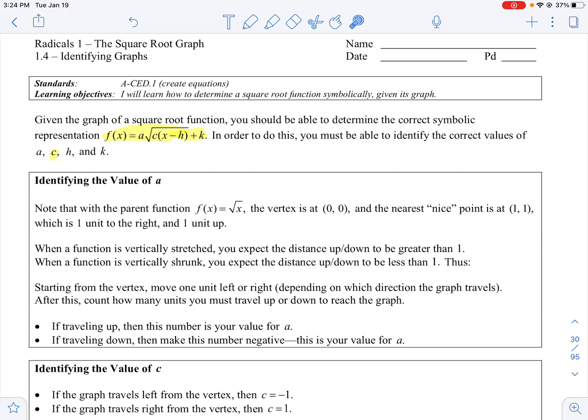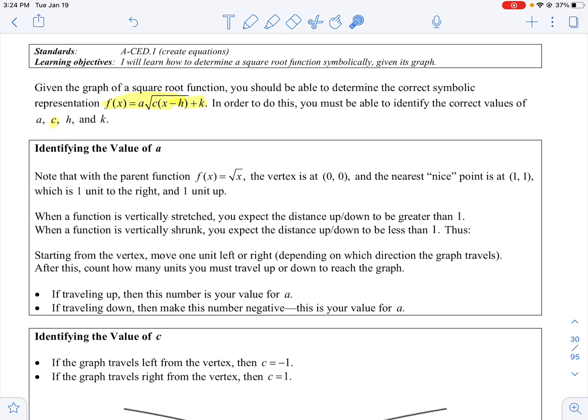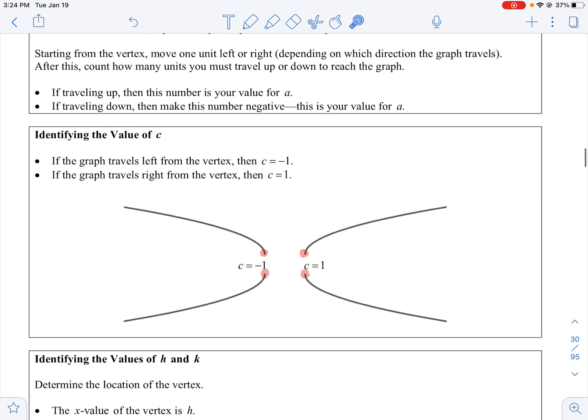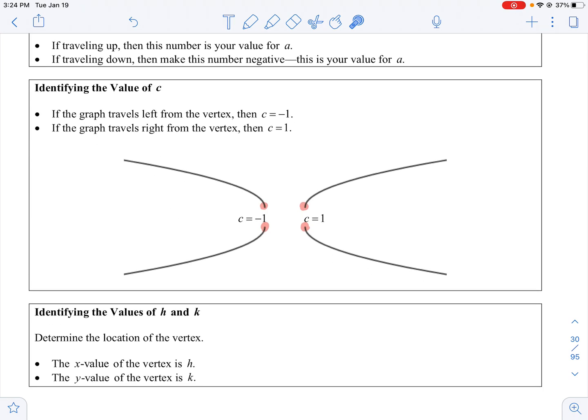And for here, let's start with c value. The vertex is where the graph started, so this is our vertex. If the graph travels left, or it's facing to the left, like this one and that one, the c values of those are -1.